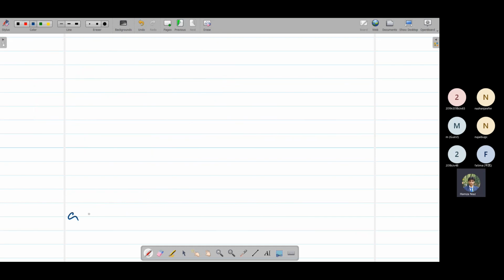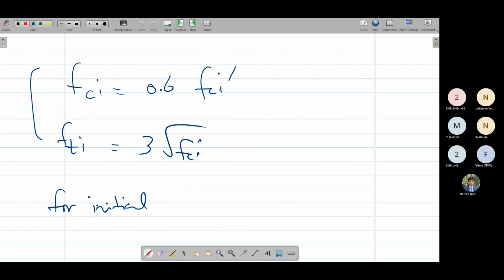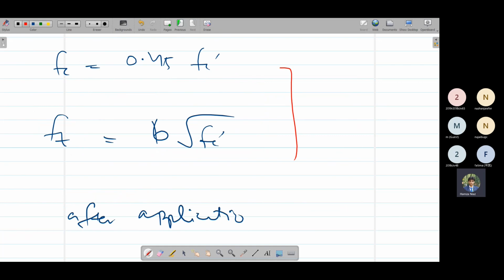And for after application, we have FC as 0.45 FC prime and FT tensile stresses should not be more than 6 under root FC prime. So they are written in the slides, but we have to memorize them also because we have to check our first two stresses should not be more than these and our last two stresses should not be more than these. So this is our check.